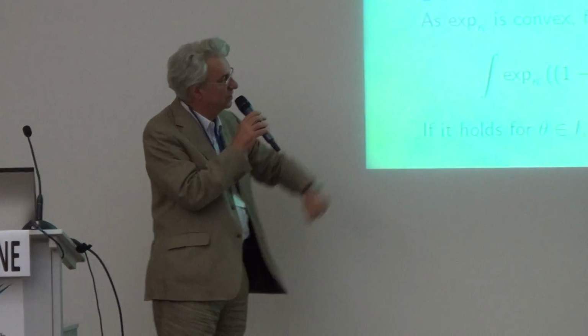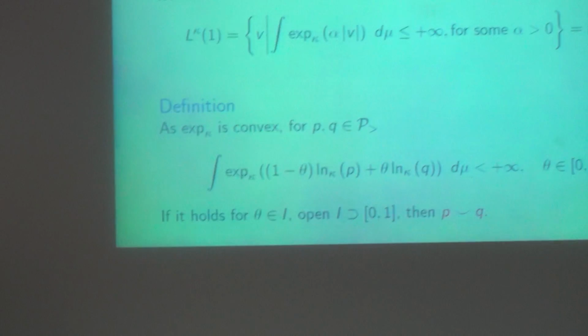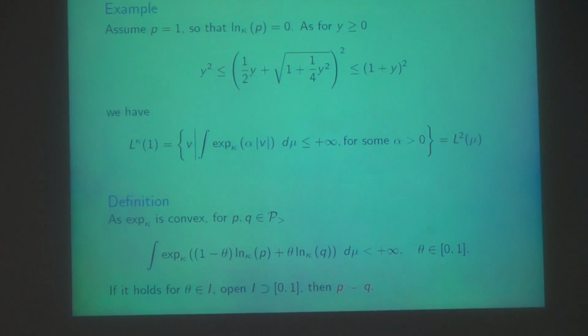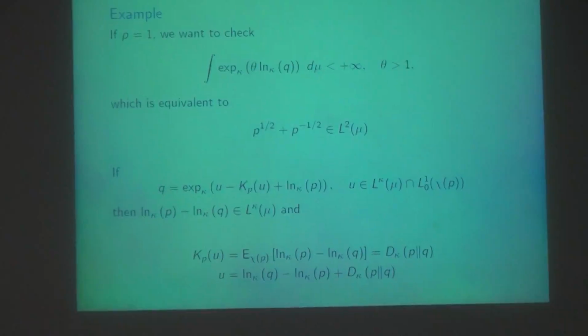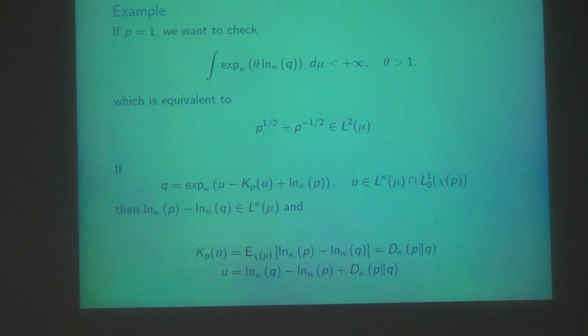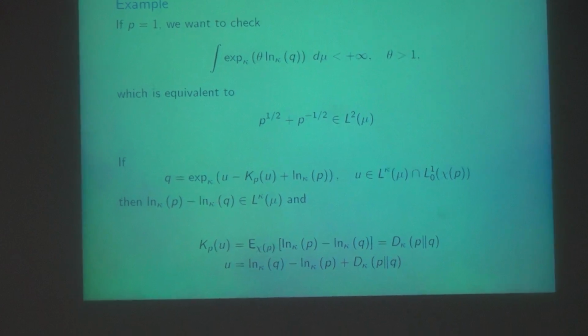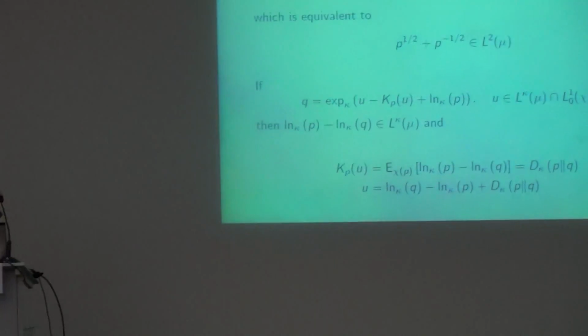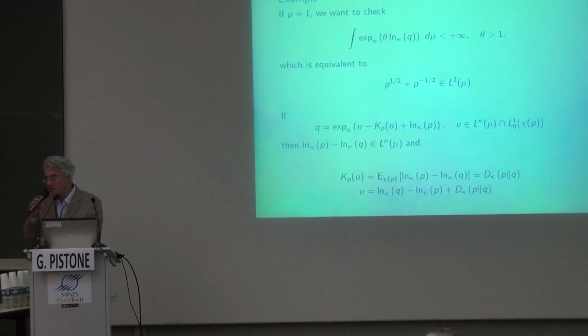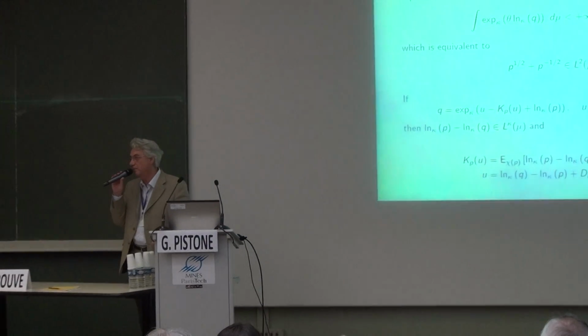We can define the connection by putting again the logarithm of the densities inside, and we can define the equality of these spaces for connected objects. And for example, with p equal 1, which are the densities which are connected in this example?